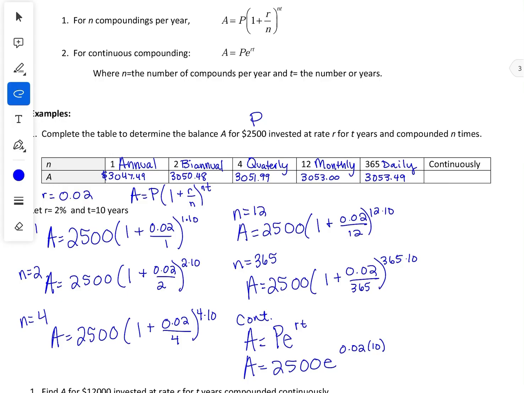So put that into the calculator. Remember, E is a special function on our calculator: times E raised to the 0.02 times 10. That's 3,053.51.